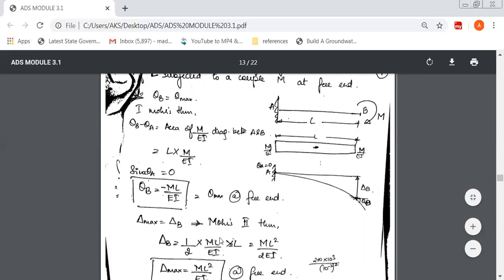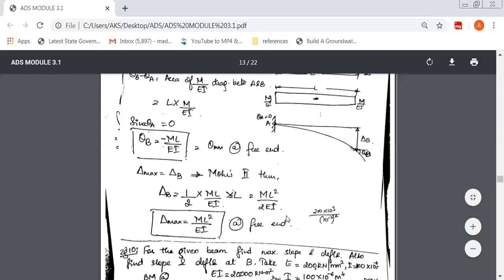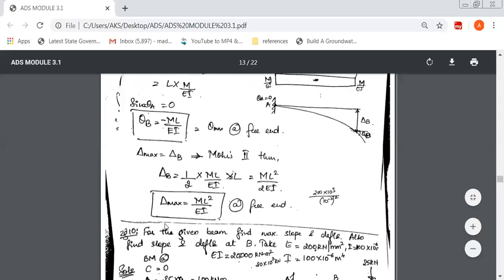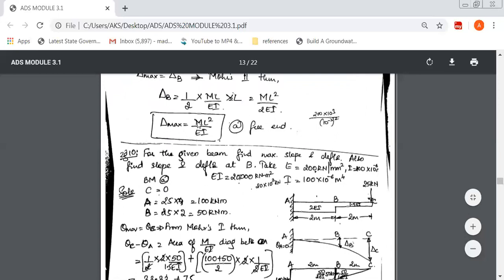Then delta B is nothing but area into CG distance. So the area is ML over EI, into the CG, exactly half of L, which is L by 2. So it is ML square over 2EI. So delta max or delta B is ML square over 2EI at the free end.